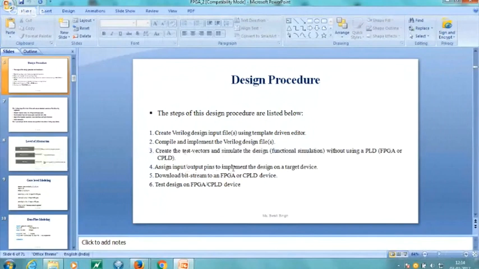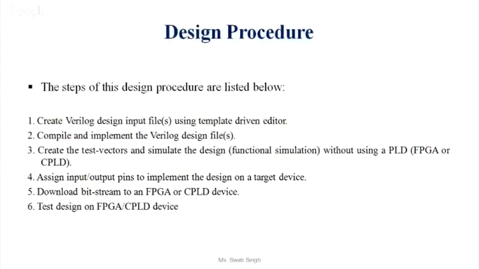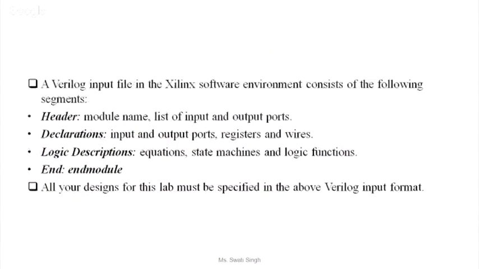Assign input and output means we need to create an XSVF file, then download the bit stream or XSVF file onto an FPGA or CPLD, burning your XSVF file on the FPGA or CPLD. CPLD is a complex programmable logic device. Now we can test or implement it on FPGA. This is the design procedure which I discussed one by one.